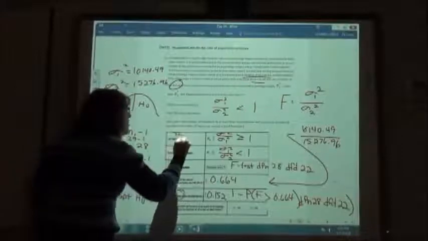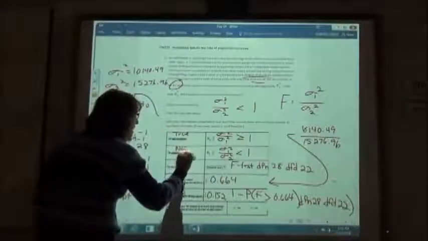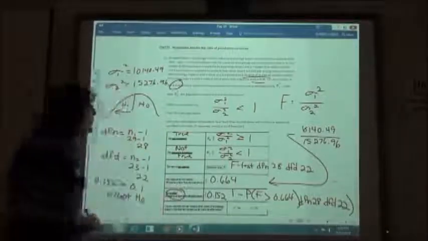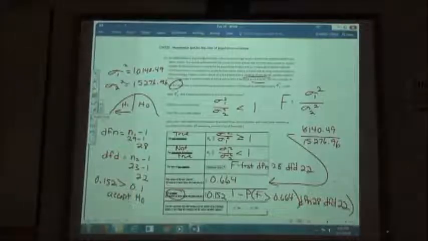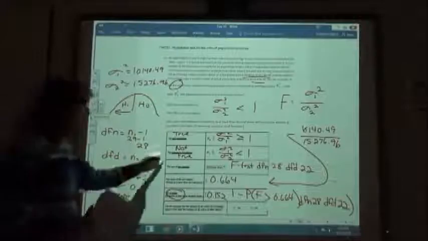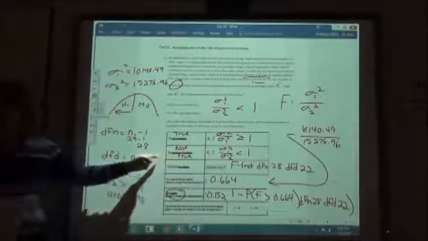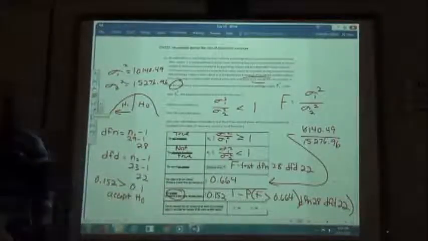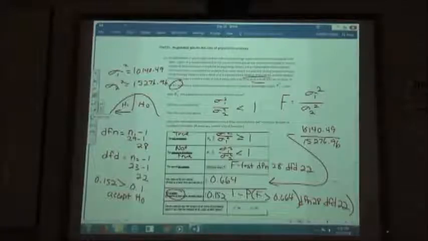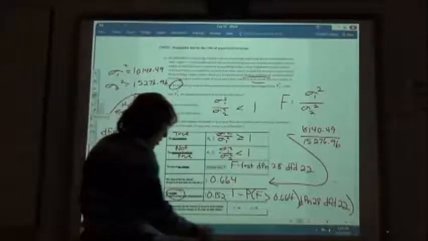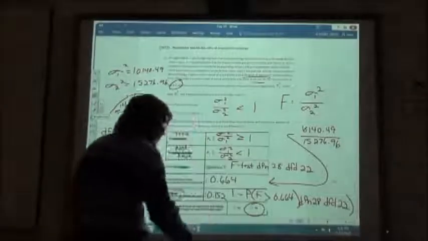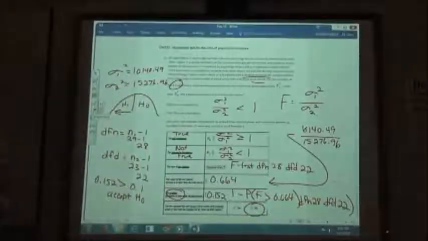This is my true statement. This is not true. So, can we conclude that the variance is less than? Can we say this is less than? No, because that was the not true statement, right? No. That was the not true statement.